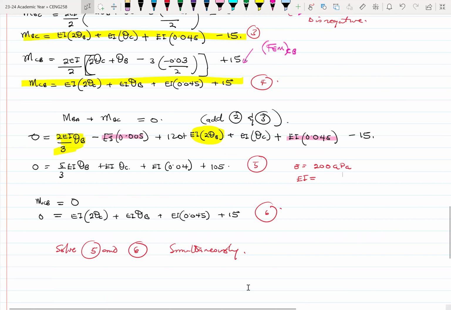So let's see what the value of I could be off the top of my head. Well, let's say E is 200 GPa, I is 5 times 10 exponent 6 squared. All right.